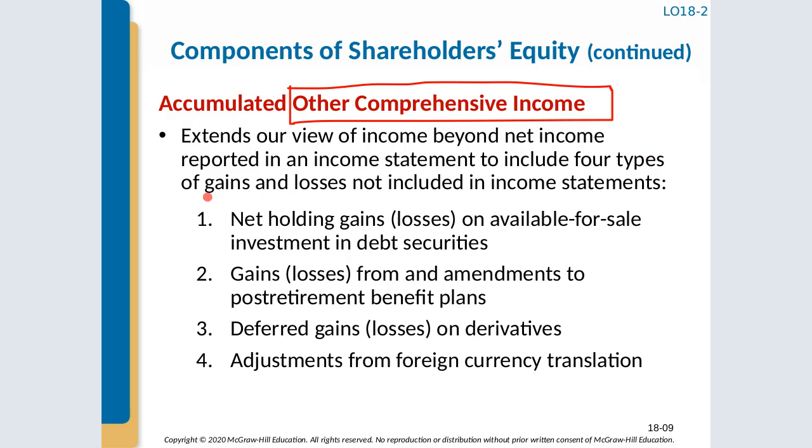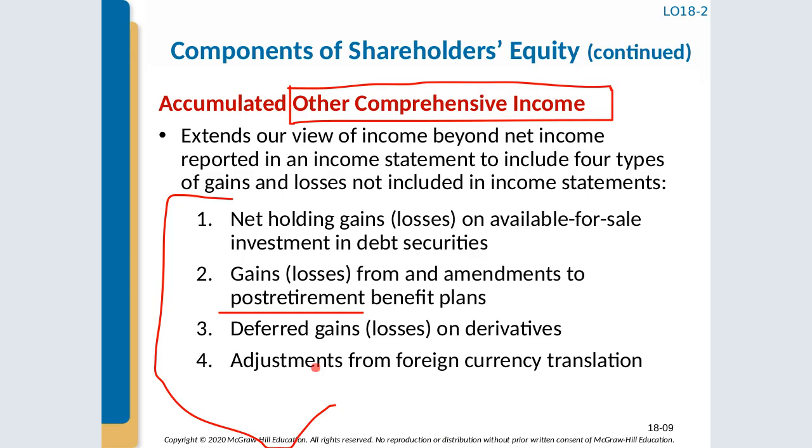So we have an example of the type of gains and losses that are reported. Some of these we were looking at in the previous chapter, retirement. Remember the prior service cost amortization that was reported under other comprehensive income, and those adjustments to the PBO, which were gains and losses, were also reported under other comprehensive income.